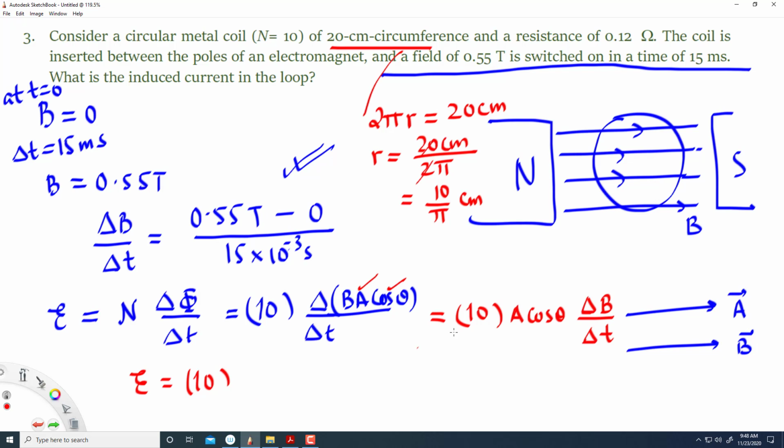Area is pi r squared. Changing that to meters is 10 to the negative 2. That's the area.